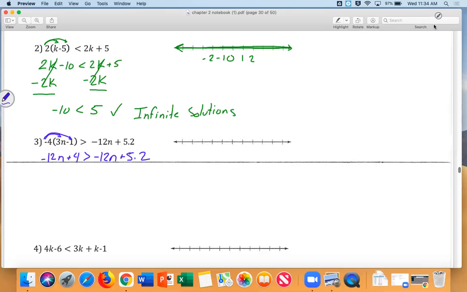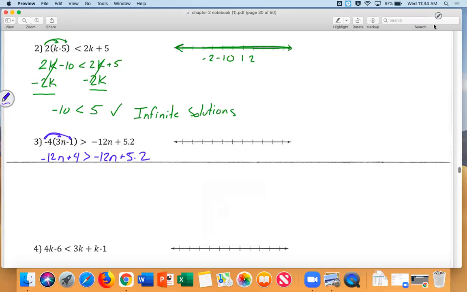Now, Joey, the Joester. Joey, how do I get rid of -12n? So think, how do you undo minus? You have to put it with another negative.